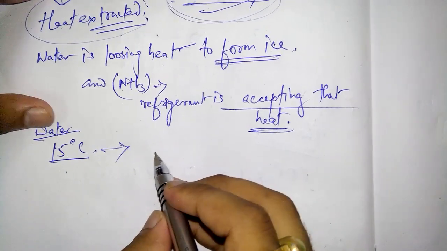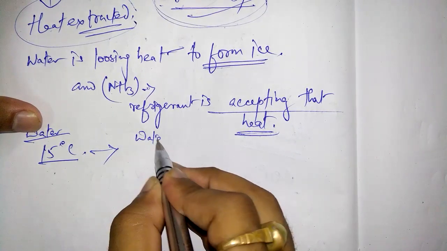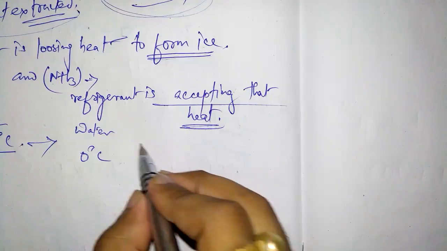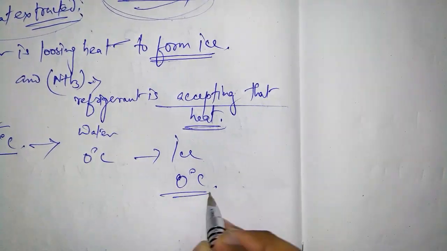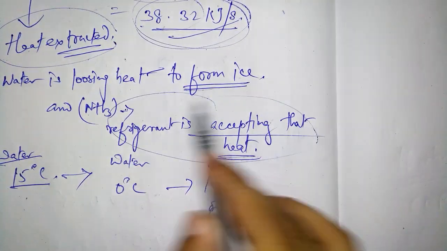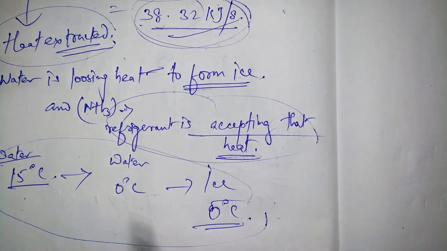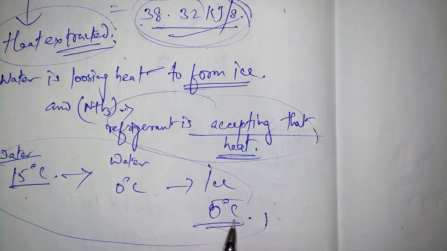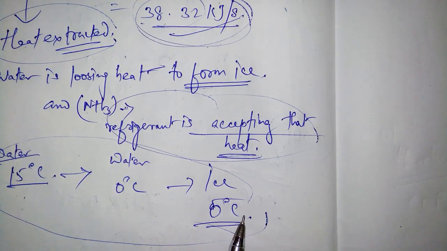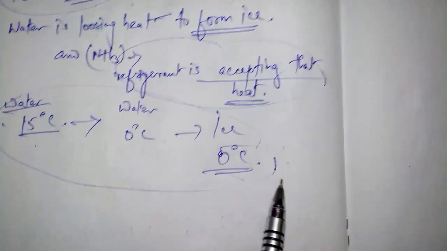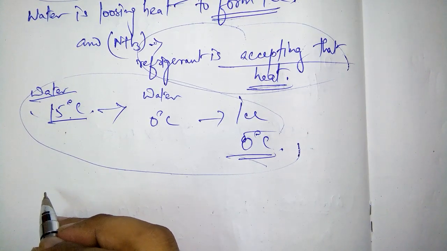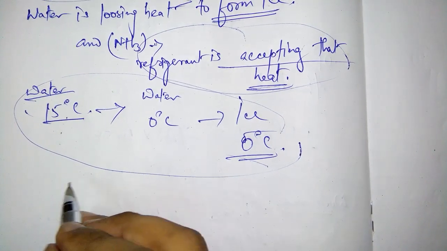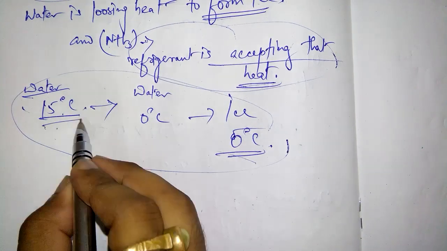So first it will lose heat and it will form water at 0 degrees Celsius, then ice at 0 degrees Celsius. Okay, and who will accept the heat that is lost in this process? That is nothing but the refrigerant is going to accept. So how much heat the water is losing? Just let us calculate. It is nothing but very simple.